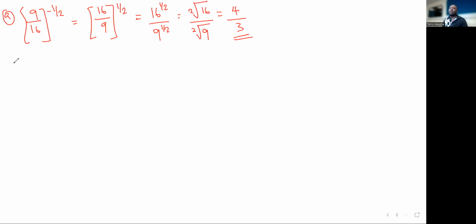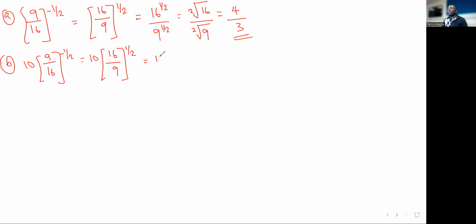The square root of 16 is 4, divided by the square root of 9, which is 3. Now, if, for instance, there's a constant, let's say we have a constant 10 times 9 over 16 to the power minus 1 over 2, it's going to be exactly the same thing. So you're going to become 16 over 9 raised to the power half.